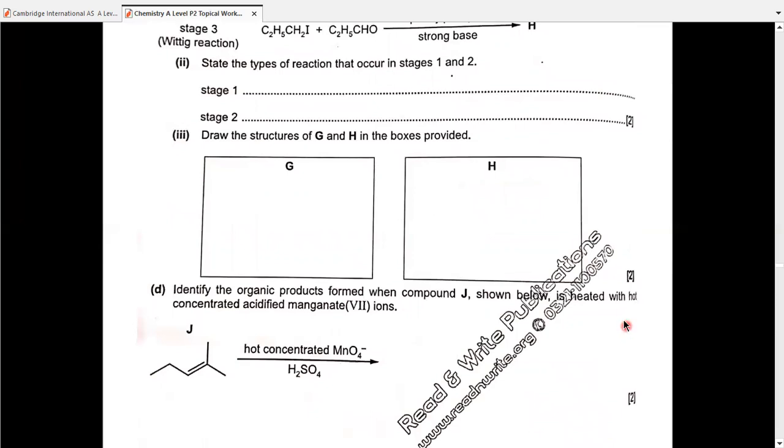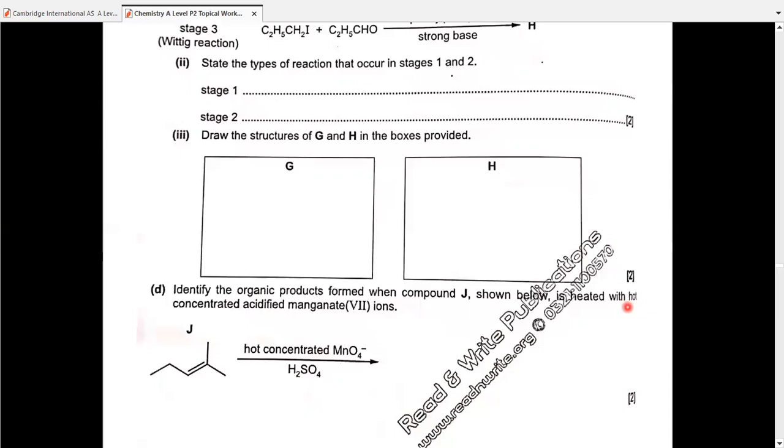Let's go with D. Part D is definitely from chapter 15. Identify the organic products formed when compound G, shown below, is heated with hot concentrated acidified manganate ions.